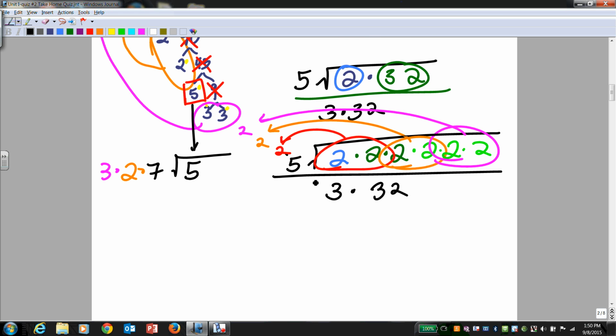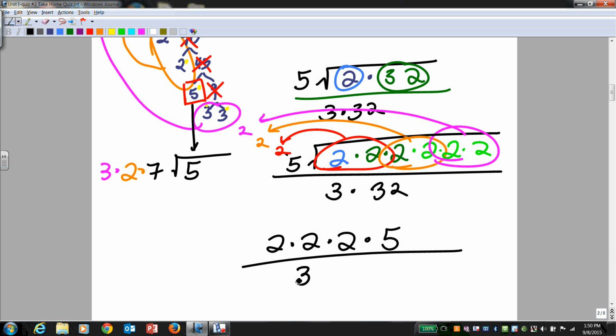So on the outside, we have 2 times 2 times 2 times 5, there's no one left in the radical, over 3 times 32. Now you just want to factor and cancel this out, clean it up so that you end up with something over something.